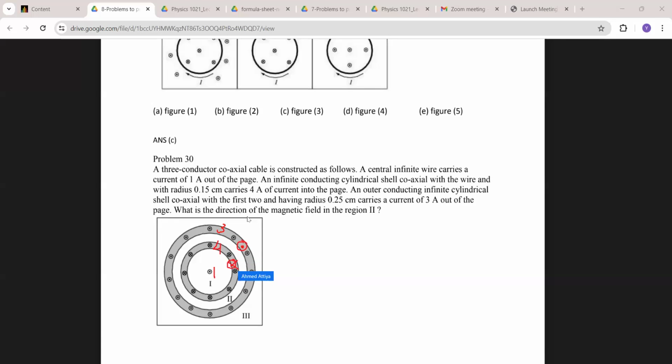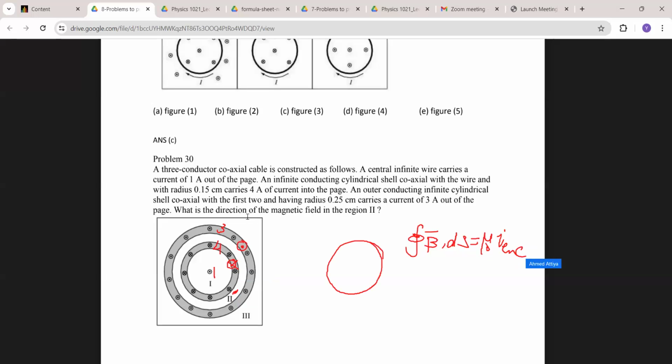What is the direction of the magnetic field in region 2? Region 2 here. So I'm going to say that the integration of B dot ds will be mu naught I enclosed.